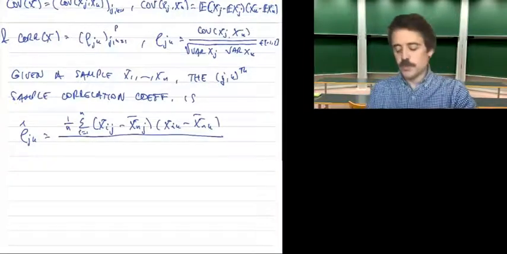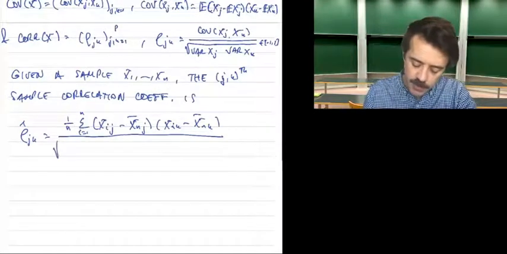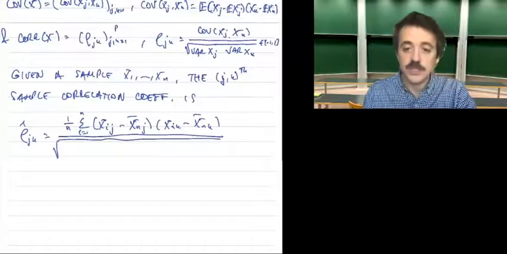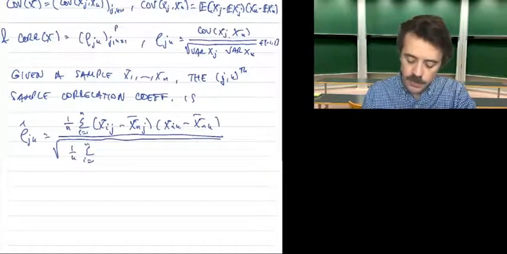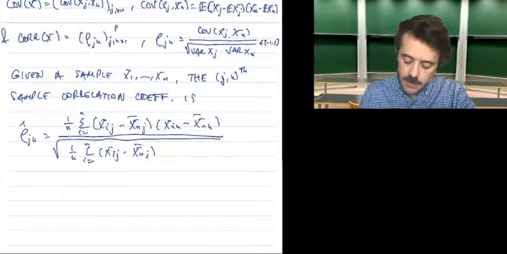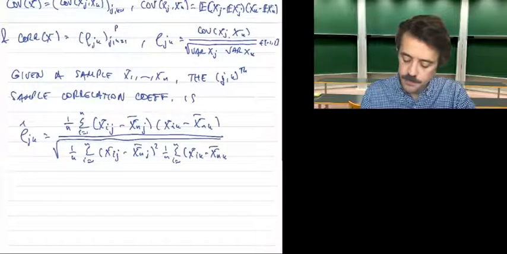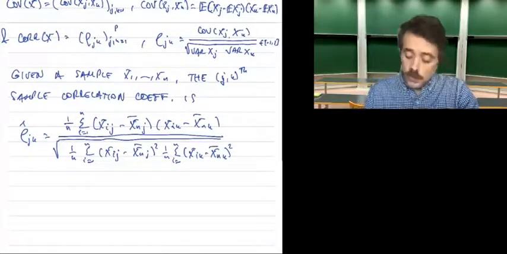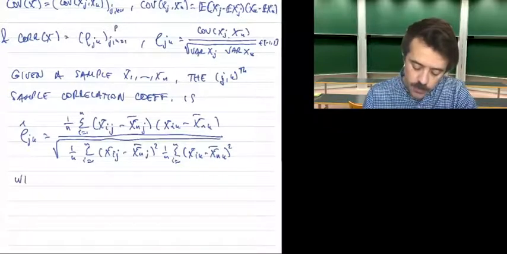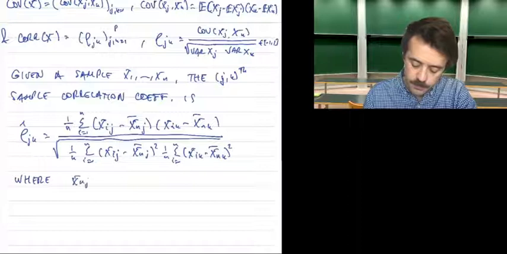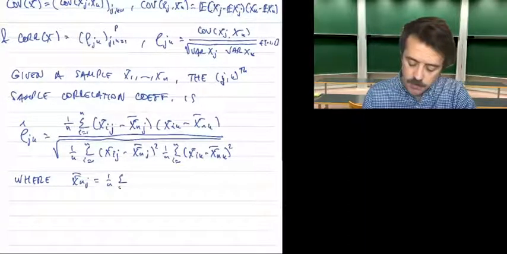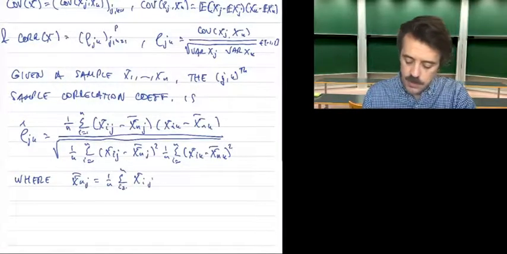That would be the estimate of the numerator, and the denominator can also be estimated as you expect, by writing the empirical variance, the sample variance: x_ij minus x̄_j, squared, and x_ik minus x̄_k, squared, where of course x̄_j is just 1 over n of the sum of x_ij.